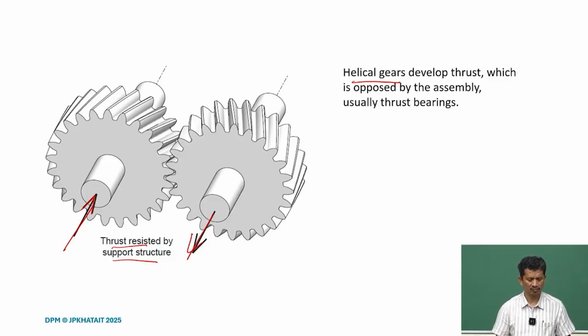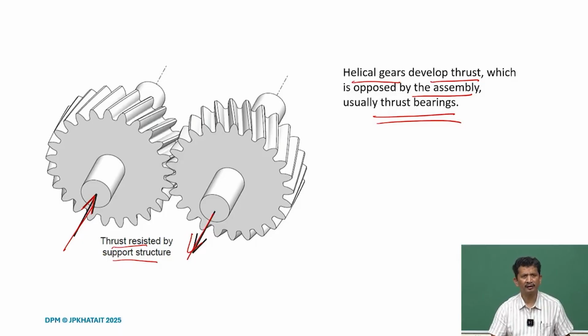If we take the load path, then we have to see the entire assembly and see how it's going, and many times we make a provision for that. We try to put some bearings which can take this thrust. So, helical gears develop thrust which is opposed by the assembly, and usually we use thrust bearings for that. So, it's taking a longer path.